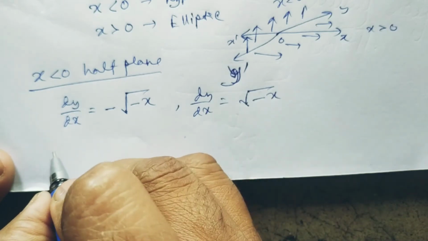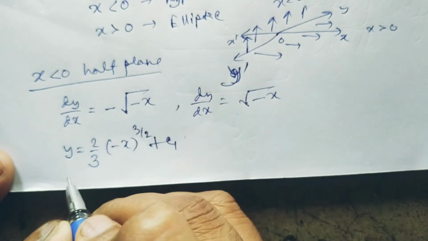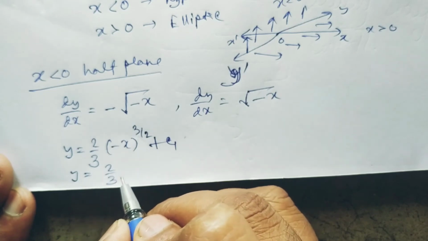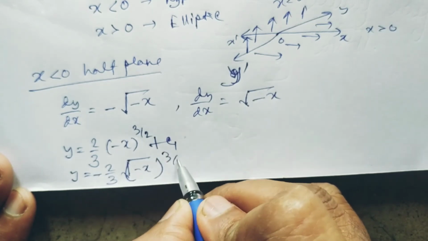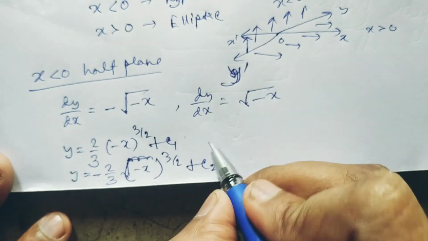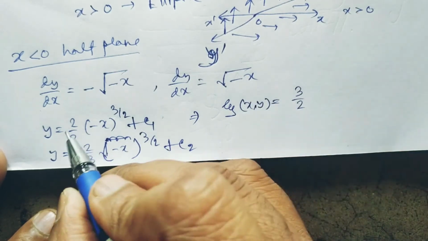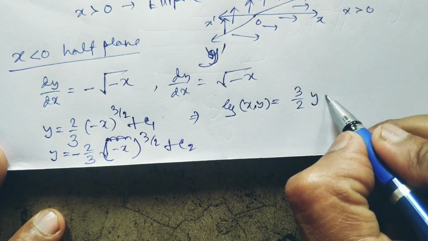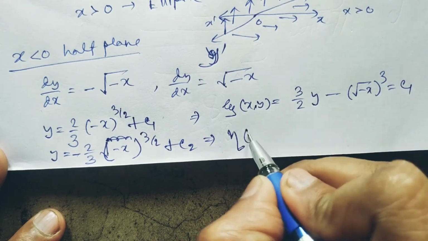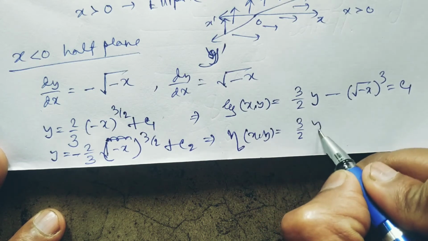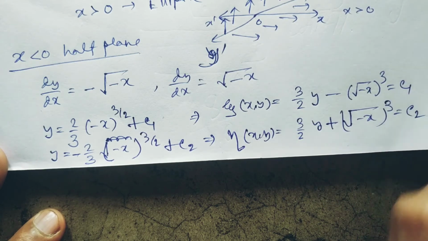So on integration we will have y is equal to 2 by 3 minus x to the power 3 by 2 plus c1, and y is equal to minus 2 by 3 minus x to the power 3 by 2 plus c2, and from there we can write xi of xy is equal to 3 by 2 y minus root of minus x cube, that is equal to c1, and from there eta of xy is given as 3 by 2 y plus root of minus x cube, c2.